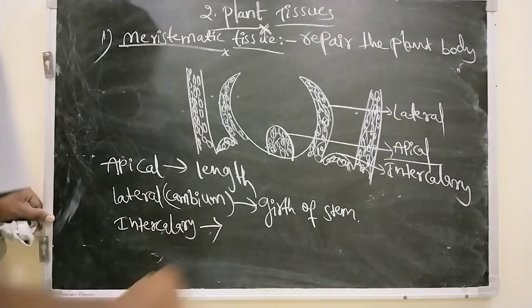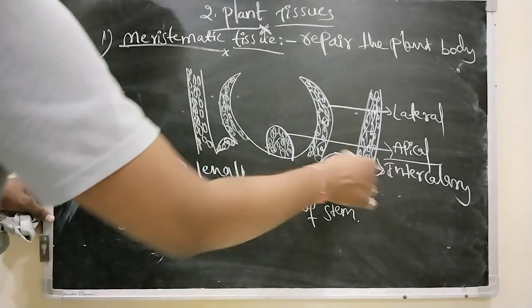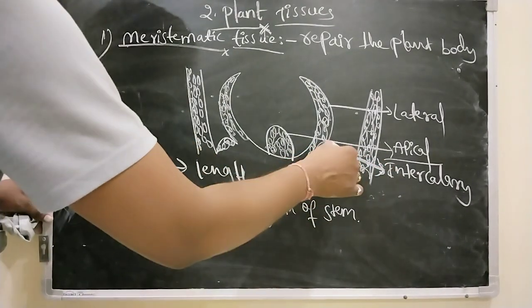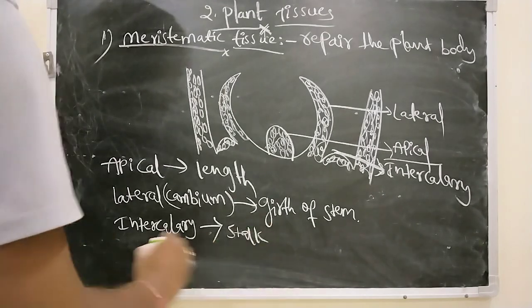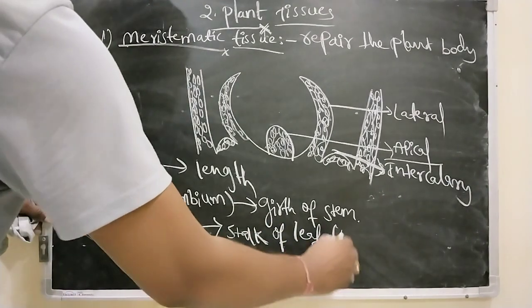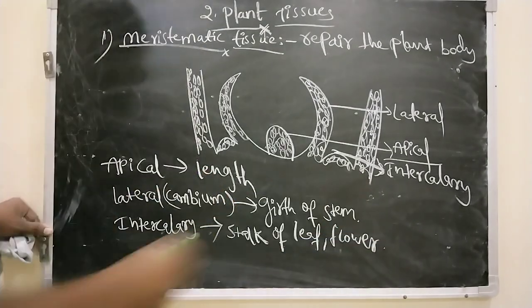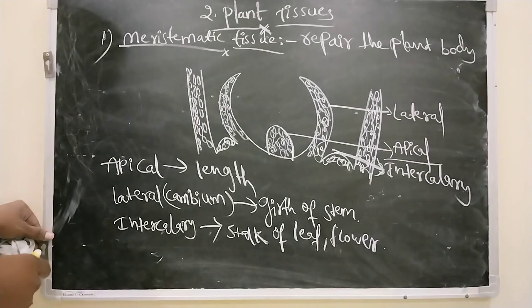The tissue that is present where the stalk of a flower, a new branch, or the stalk of a leaf arises is called intercalary meristem.